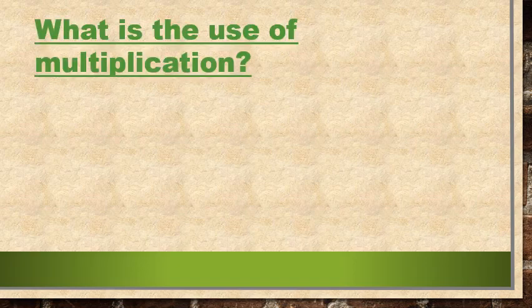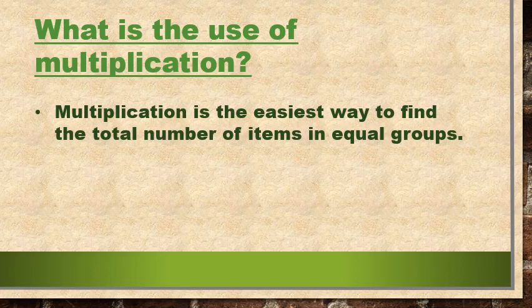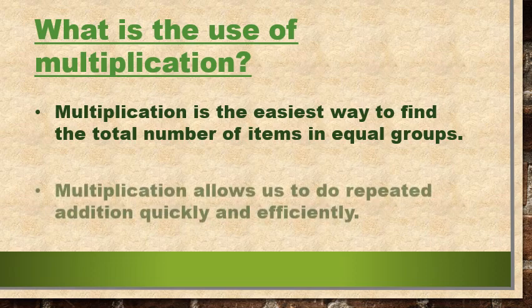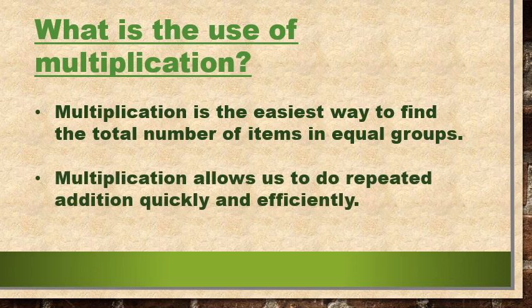Now the question is, what is the use of multiplication? Multiplication is the easiest way to find the total number of items in equal groups. Multiplication allows us to do repeated addition quickly and efficiently.